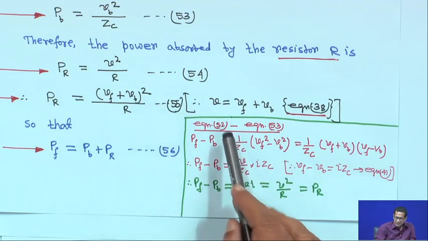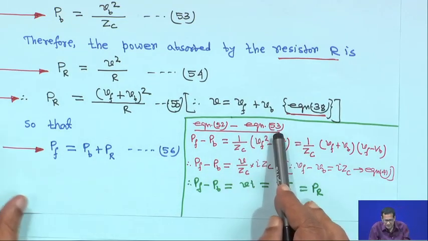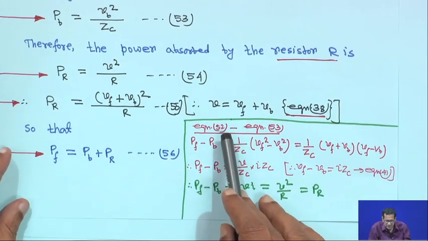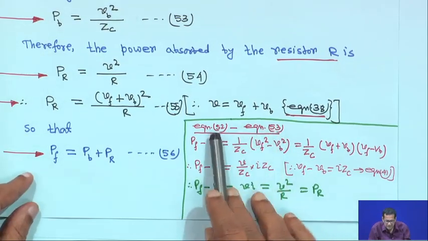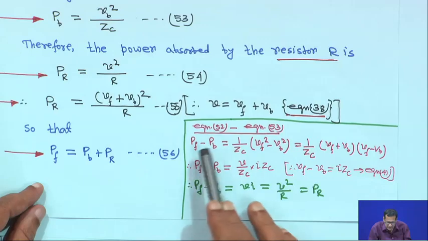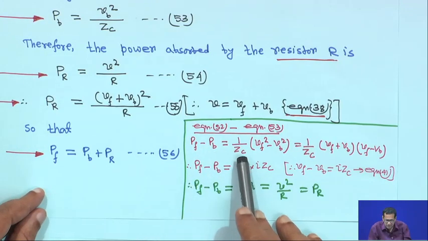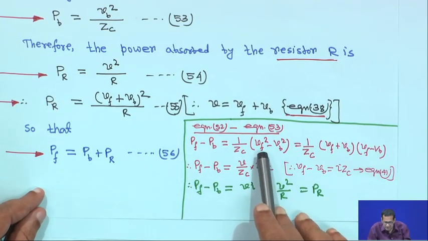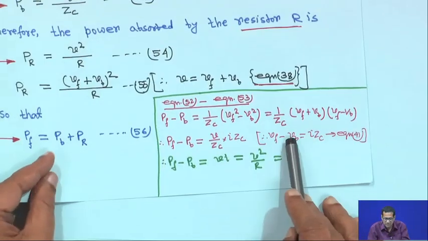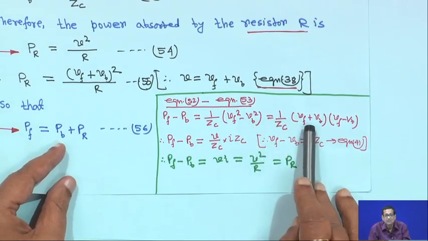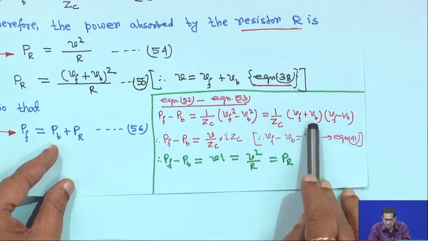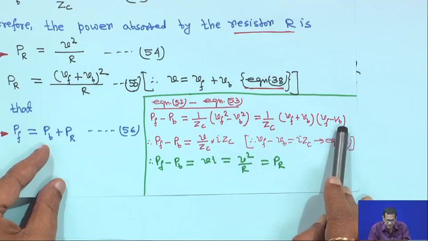How did we get it? Subtract equation 53 from equation 52. Then you will get Pf minus Pb is equal to 1 upon Zc, Vf square minus Vb square, which is 1 upon Zc, it is the A plus B into A minus B formula. So, you can write Vf plus Vb into Vf minus Vb, right.